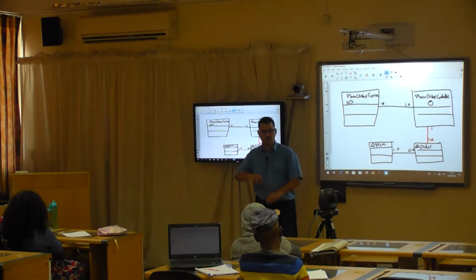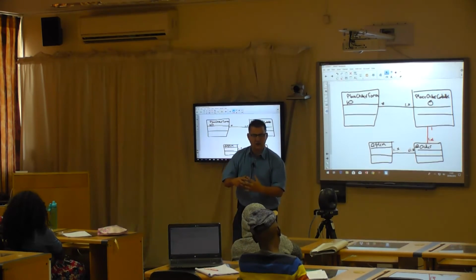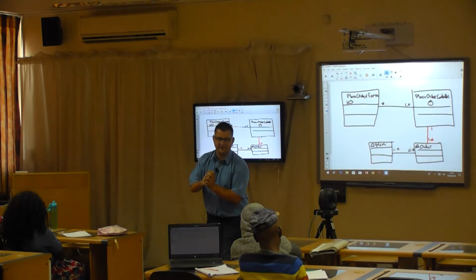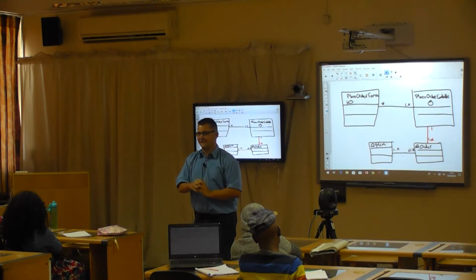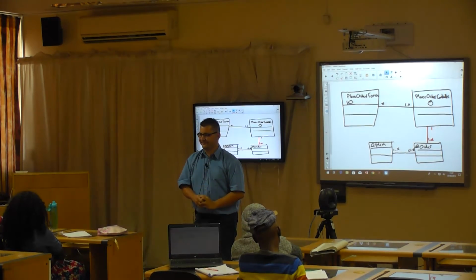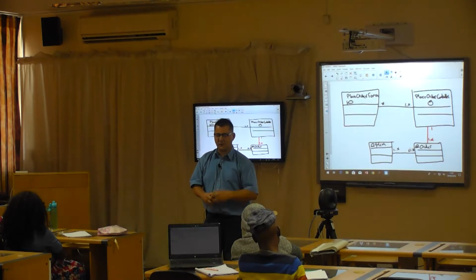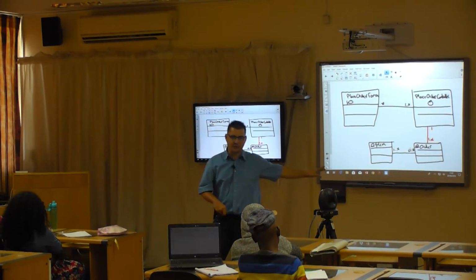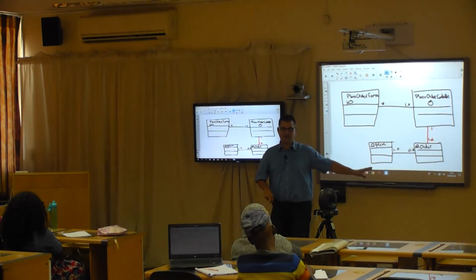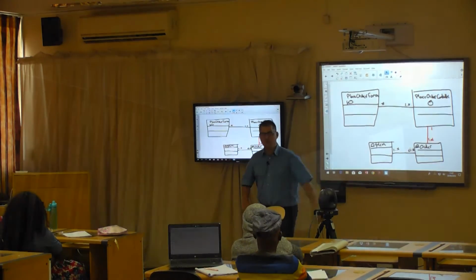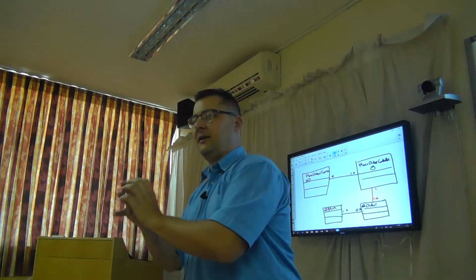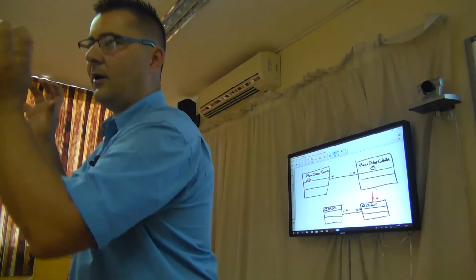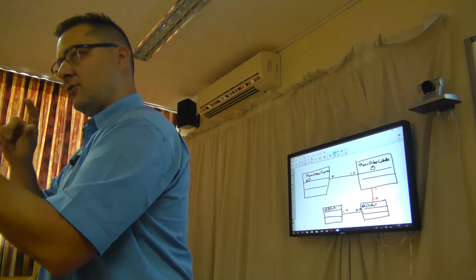Guys, any questions? Why don't we see generalization? Do we see generalization? Is there a place for generalization here? We don't know enough really yet from the entity classes. For example, the item.